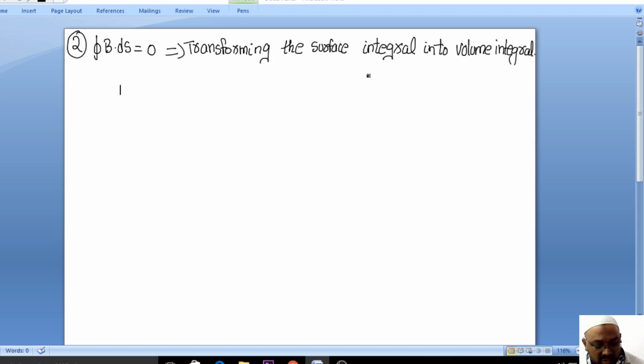So how are we going to write this equation and convert it? We are converting a surface integration into a volume integration.